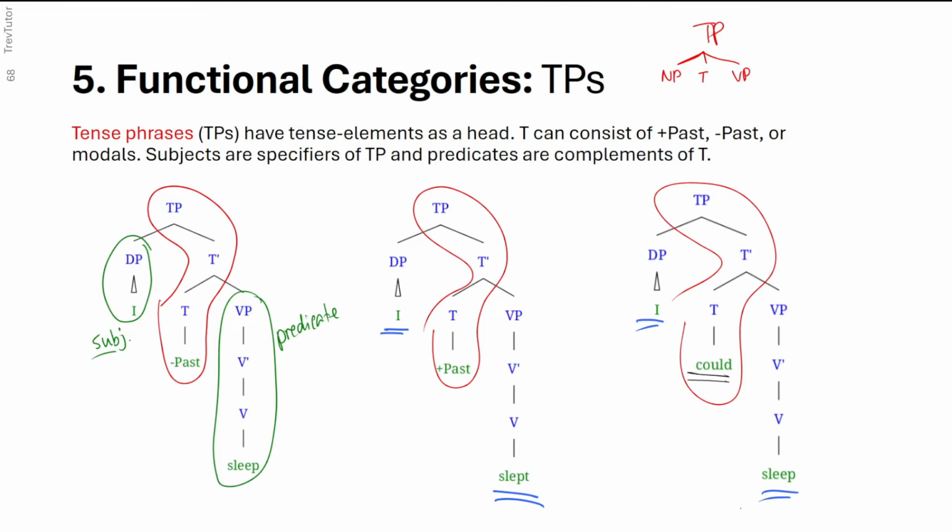Now, we could have different types of auxiliaries in there as well, so we shouldn't just believe that it's only a VP. It could be an auxiliary phrase, a perfect phrase, a modal phrase, but the important part is that the position beside T as its complement is telling us it's the predicate of the sentence.